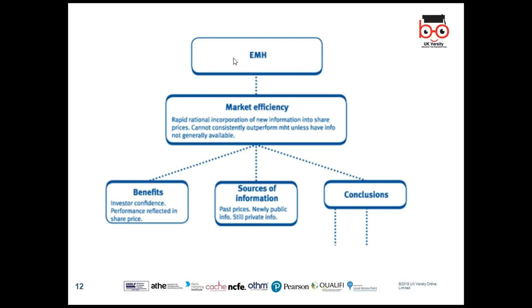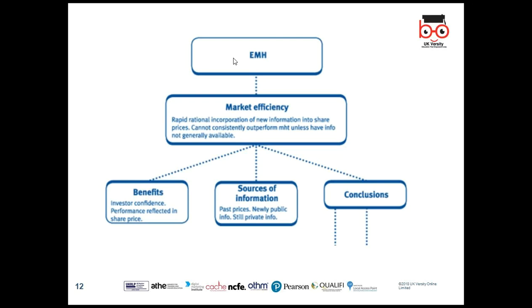Okay, so market efficiency: rapidly and rationally incorporating new information into the share price. In an efficient market, you have new information. What is happening with Brexit? What was happening yesterday between Boris and other leaders? What's happening between the UK and US, the trade deals?